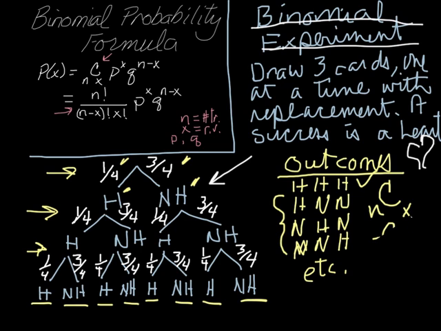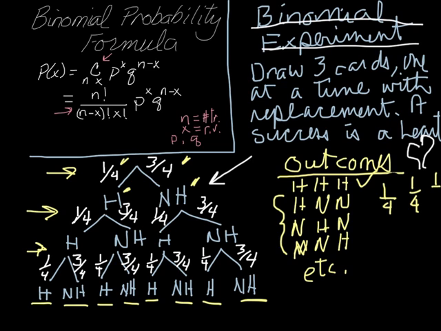And so the next part of this is, once you figure out how many ways, then you have to ask yourself, what's the probability? Well, the probability of getting a heart is 1/4. The probability of getting another heart is 1/4.